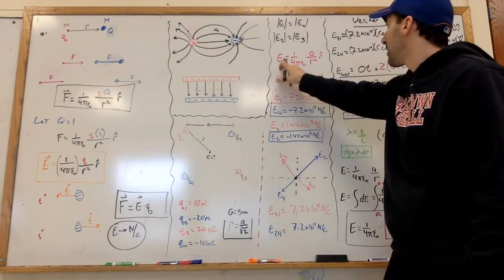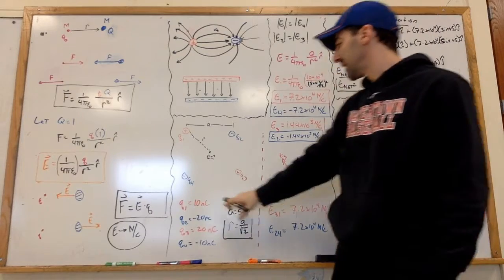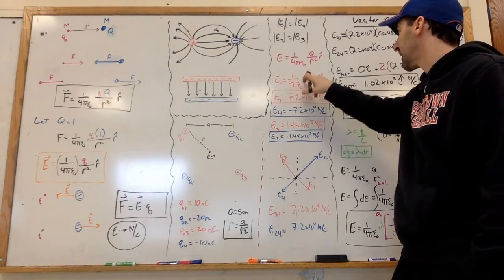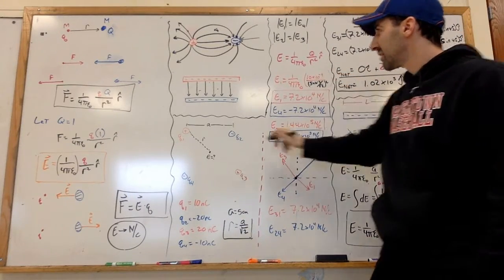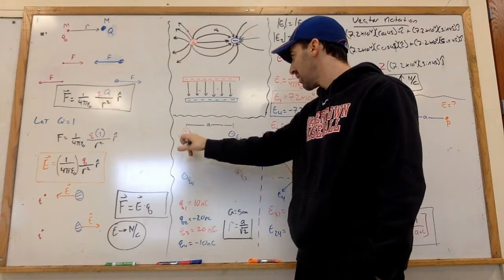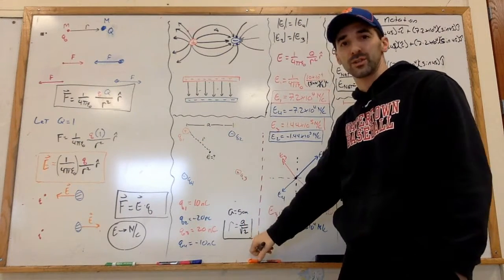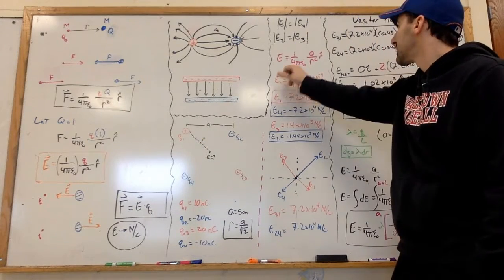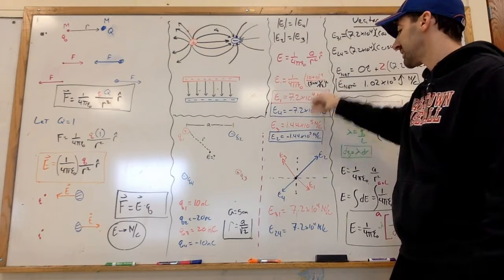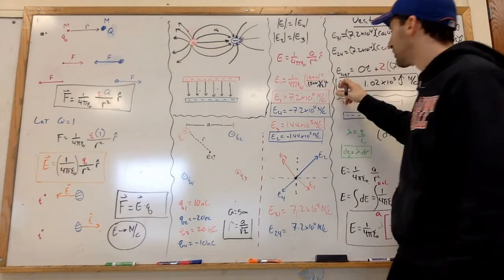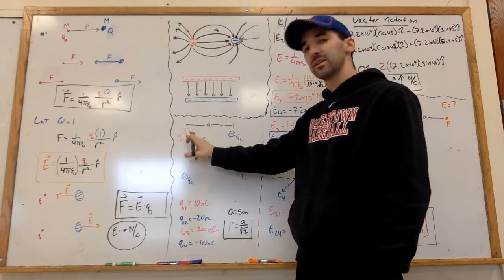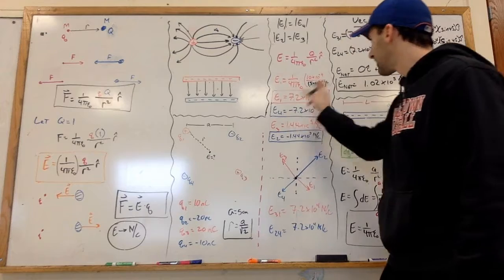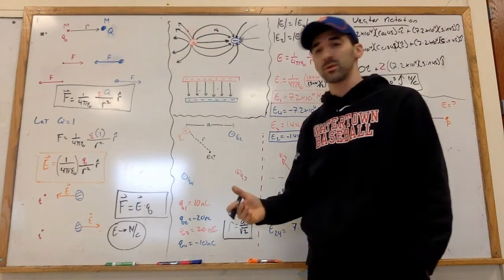So I have 1 over 4 pi epsilon naught times 10 nanocoulombs, which is 10 times 10 to the negative 9th, divided by my r. Now my distance r we know is a over the square root of 2, from the Pythagorean theorem. So my distance r is 5 times 10 to the negative 2, 5 centimeters over root 2. I get the electric field due to charge 1 of 7.2 times 10 to the 4th newtons per coulomb.